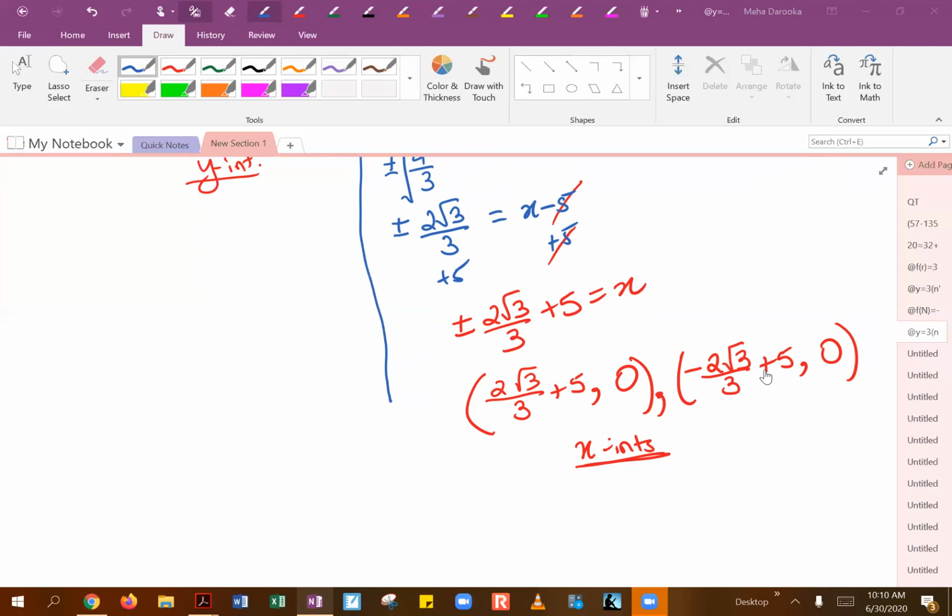Okay, Clinton, you've got negative 1.1547. Okay, so which answer is for which of the two x-intercepts? Because when you do positive 2 square root of 3 over 3 plus 5, it's going to be none of these answers that I'm seeing so far on the chat.